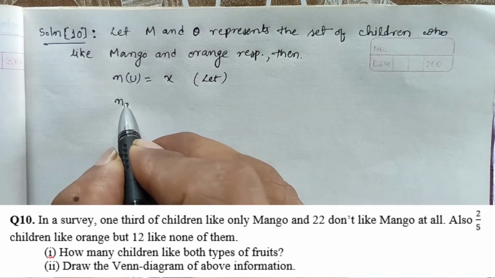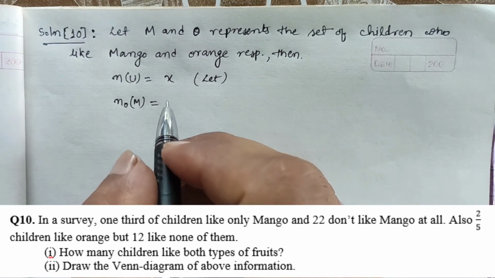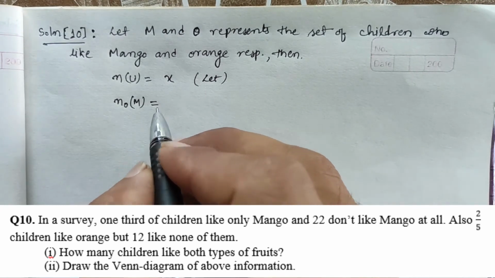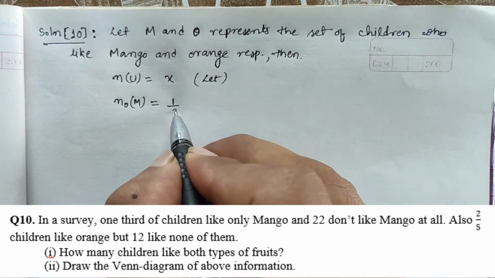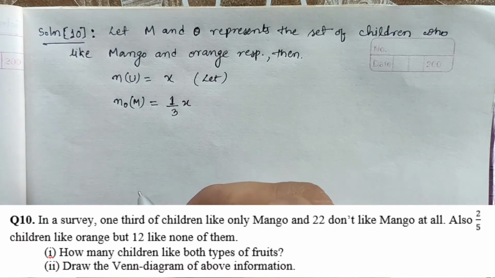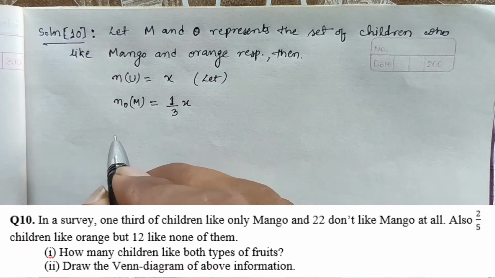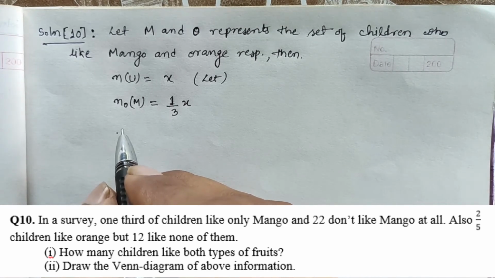the only part, n only M, is given. How much is n only M given? Read the question. 1/3 of children like only mango. So only mango is n only M, and 1/3 of what? 1/3 of total. 1/3 of total is like this. And another one given is 22 don't like mango. Don't like mango is which part?